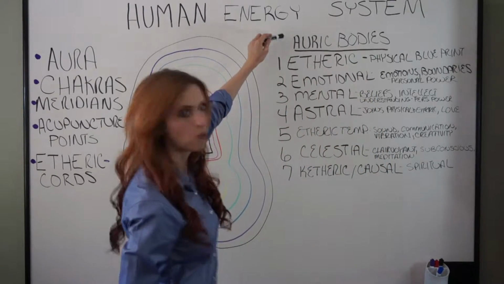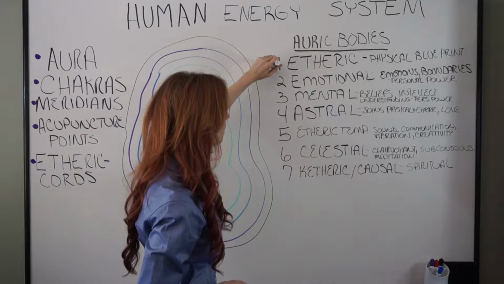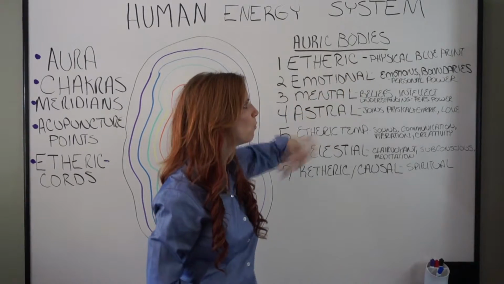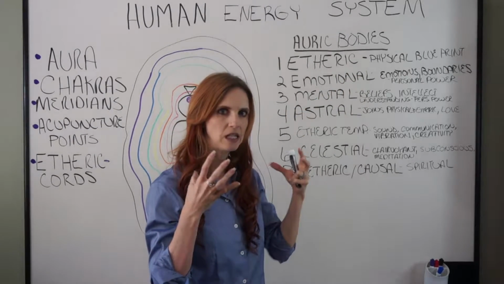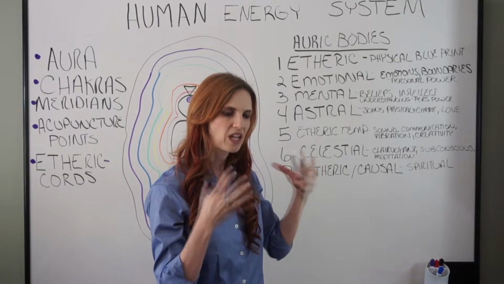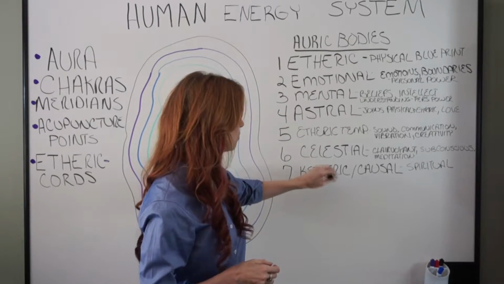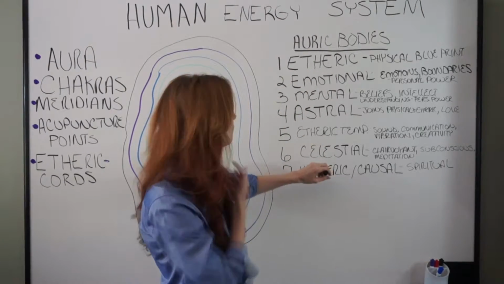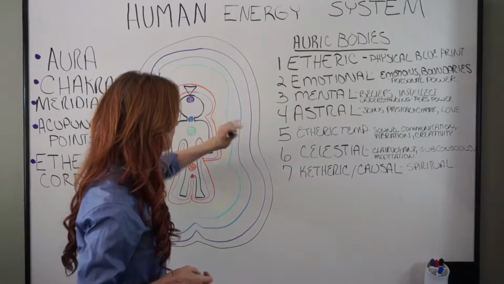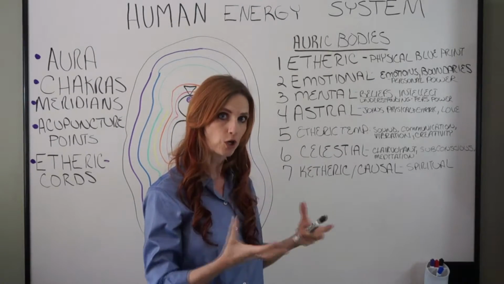Okay, so the auric bodies. All right, first we have the etheric body, and that's the physical blueprint of the body. That is where, if you're going to see illness or injury in the aura, a lot of times you see it here. Actually, when you have illnesses, a lot of them start all the way out here, and then it trickles down through the layers like this, because everything that's present in the physical body is actually present in the energetic body first.